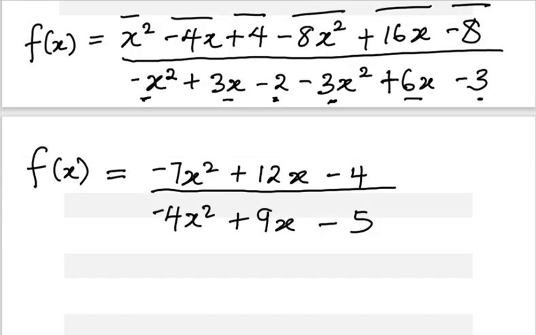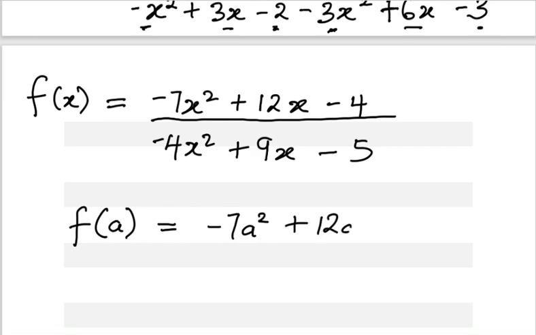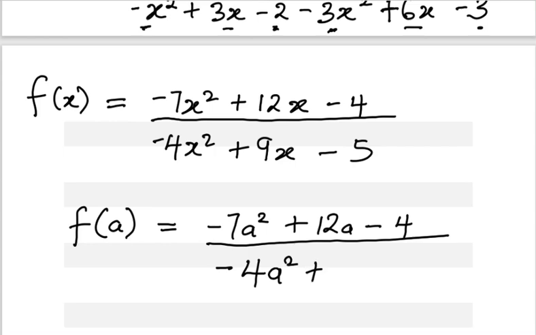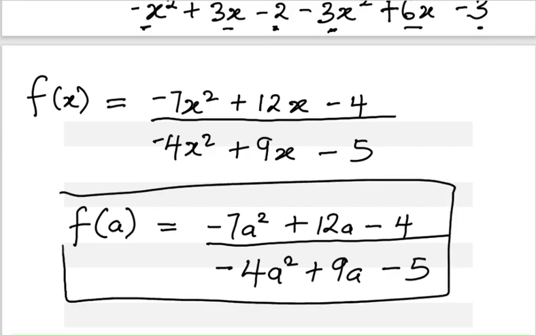This is our f of x, and because x is just an arbitrary term, we can replace x with an a, and this will be negative 7a squared plus 12a minus 4 all over negative 4a squared plus 9a minus 5. And this is our solution.